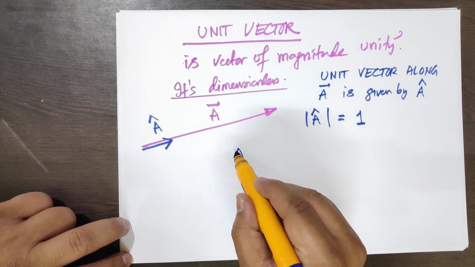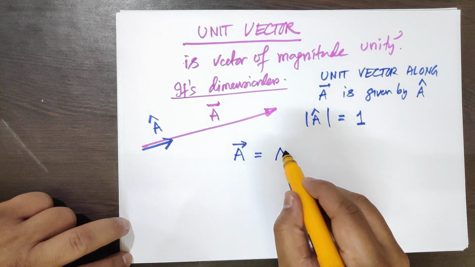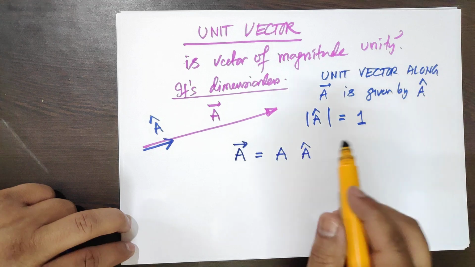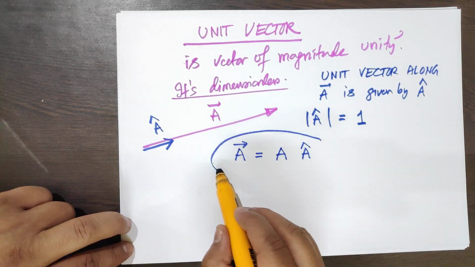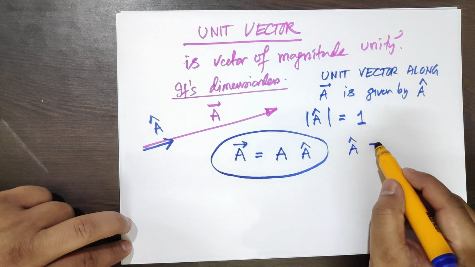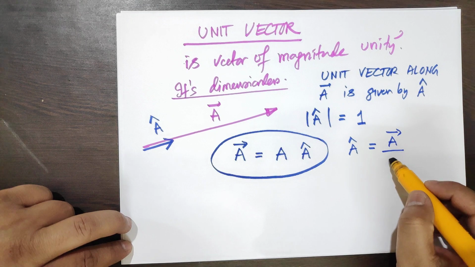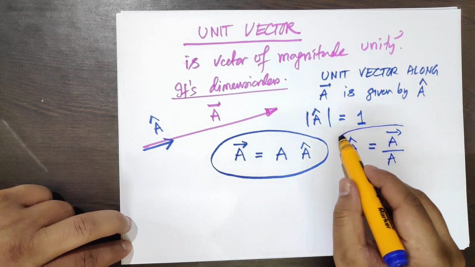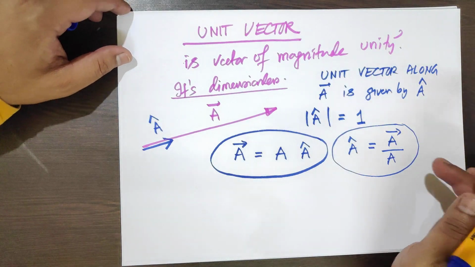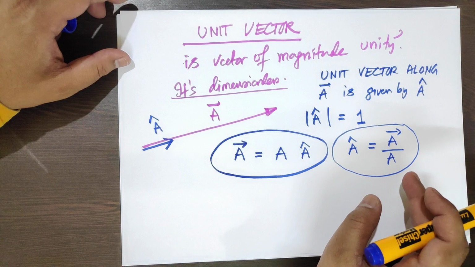Now you get A vector like this, its magnitude of A multiplied by unit vector in its direction. This is how unit vector is defined, or you can define it in this way: unit vector in direction of A is vector A divided by magnitude of A. See, the dimensions will cancel, so it has length here and length here, so it will cancel.